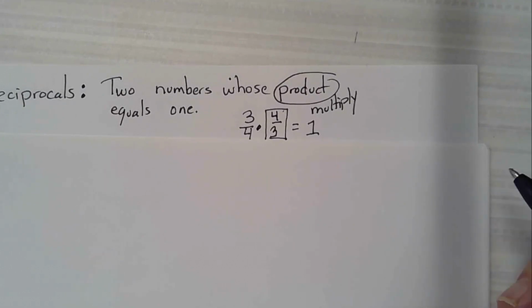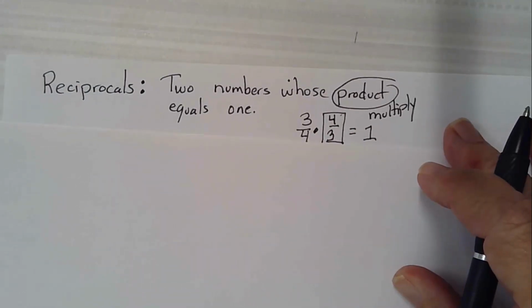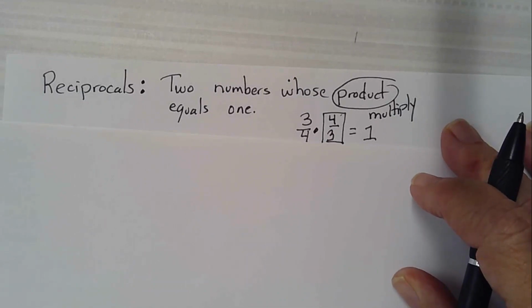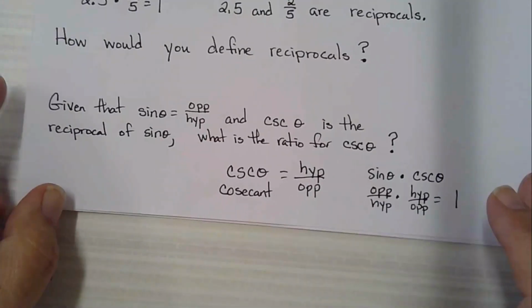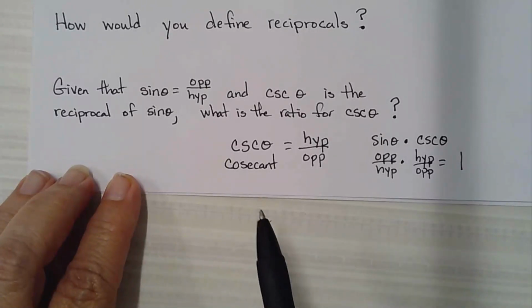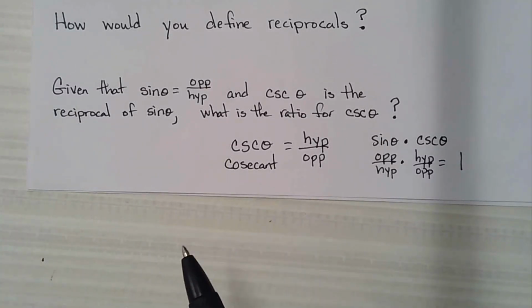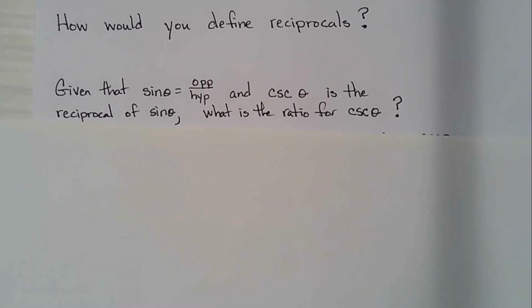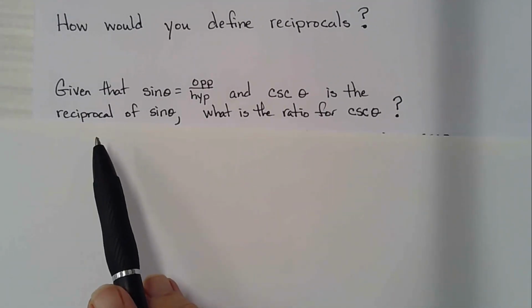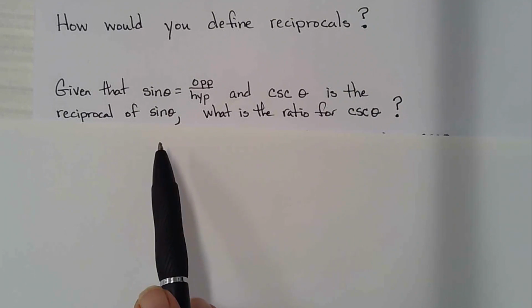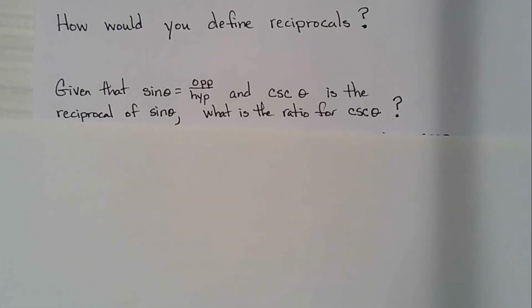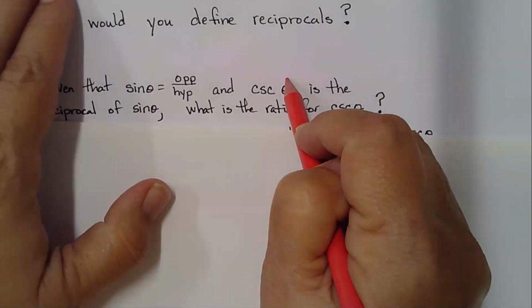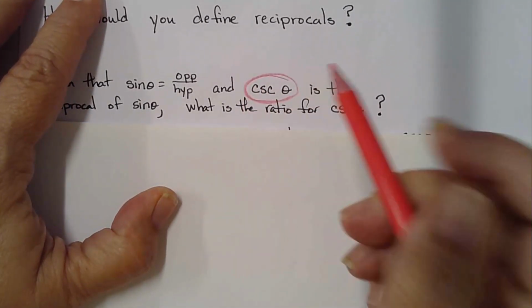All right. So now I want you to take that definition and we're going to apply it to something brand new that you've never seen before. Showing you the answers here. So, given that we know the sine of theta equals opposite over hypotenuse, and then if I tell you there's this new thing called CSC theta.